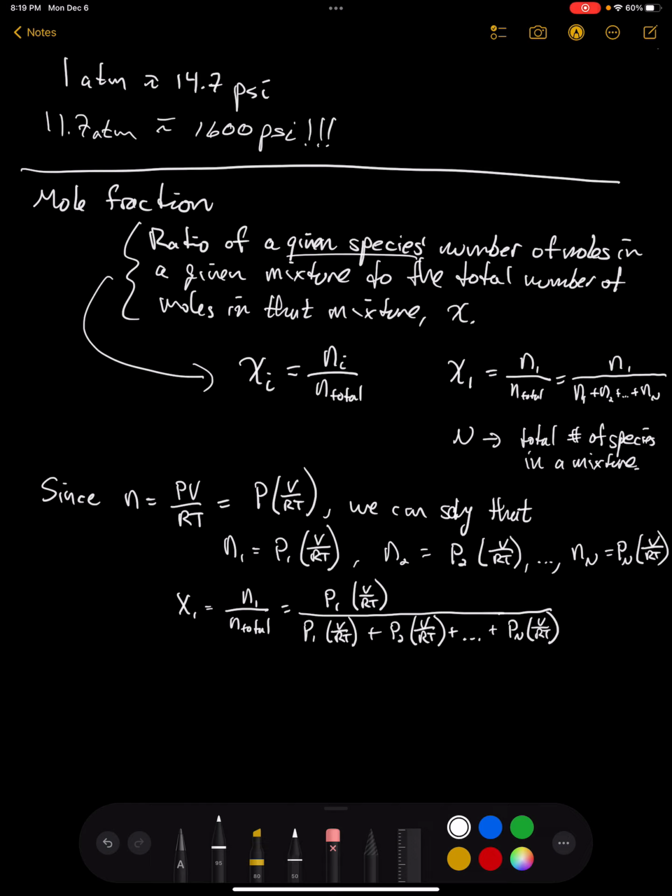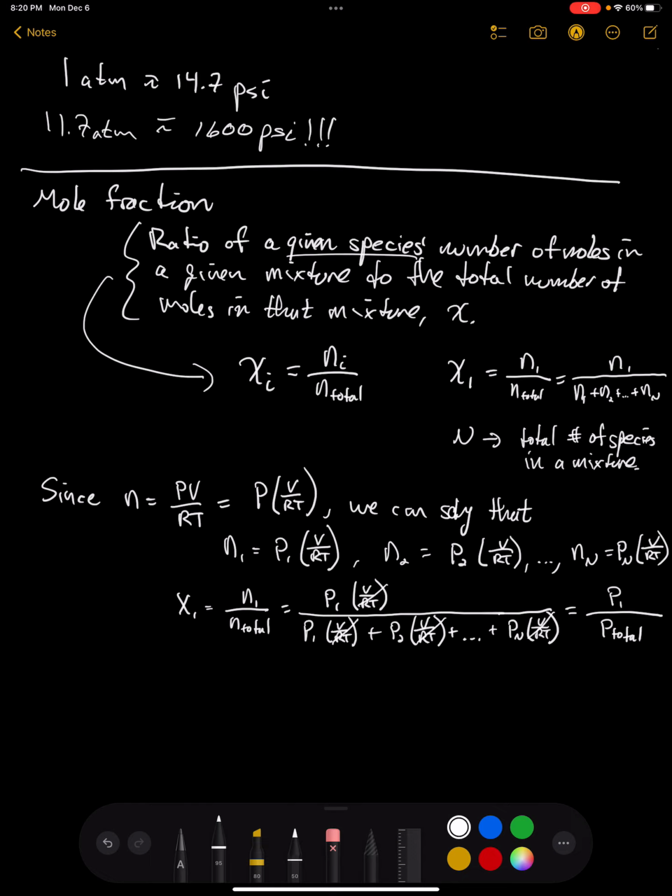And we recognize that because my V over RTs all cancel, we have P1 in the numerator, and in the denominator, we just have P1 plus P2 plus dot dot dot plus Pn, which is nothing more than P total.